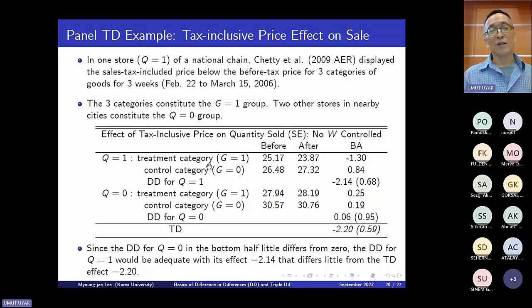By the way, this category is, I recall, men's cosmetics. I mean, in the US, the fashion for men's cosmetics is almost negligible. Hardly any man buys cosmetics in the US in this period.